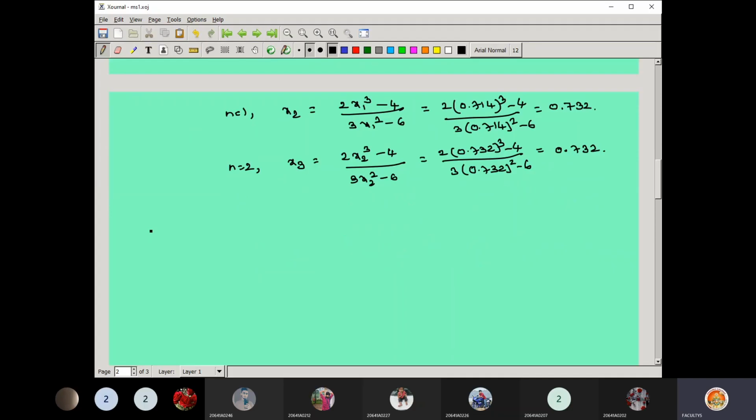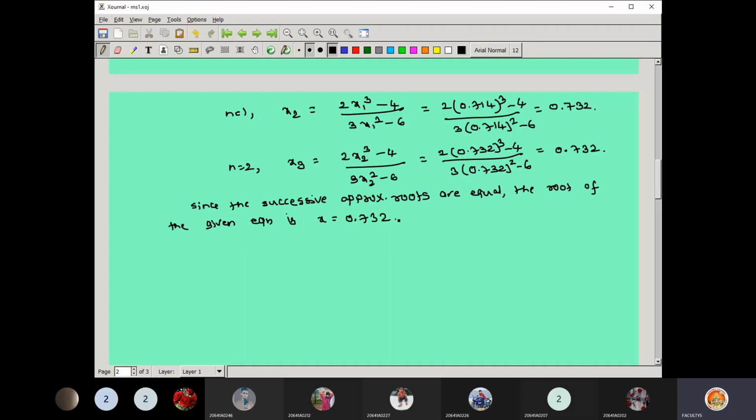So make a statement that, since the successive approximate roots are equal, the root of the given equation is, just you write down x equal to 0.732. That is the final answer corresponding to the problem.